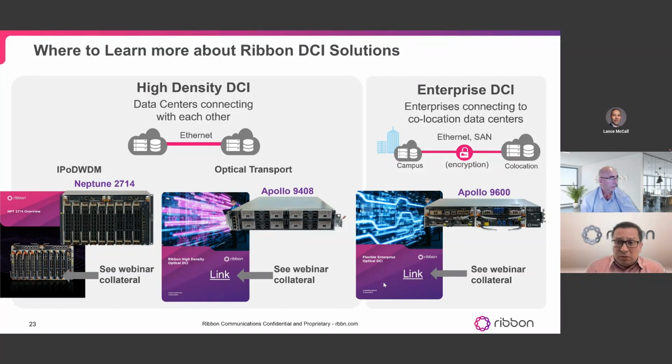But to meet those density needs that I talked about, as well as performance needs for these cloud service providers that are expanding the amount of 100 gig, 400 gig lanes that they're looking to implement, as well as having those high capacities over further distances within the metro or wherever they're expanding to, then a 9408 type of platform introduces that.